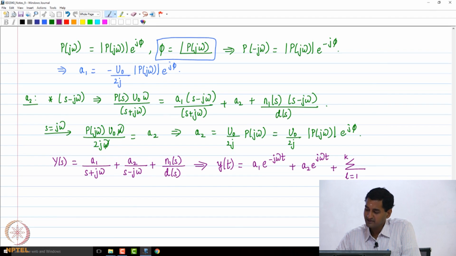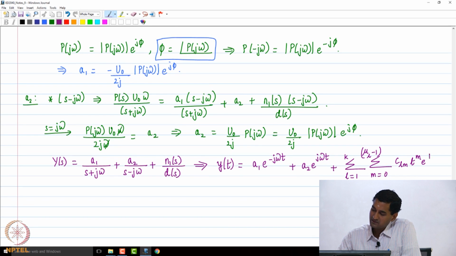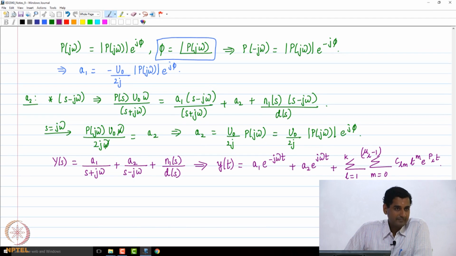Let there be k distinct poles, with mu I being the multiplicity of each pole. The inverse Laplace transform of this term is going to be the following. Please go back and look at that. We have already figured out the inverse Laplace transform, so this is what we will have.